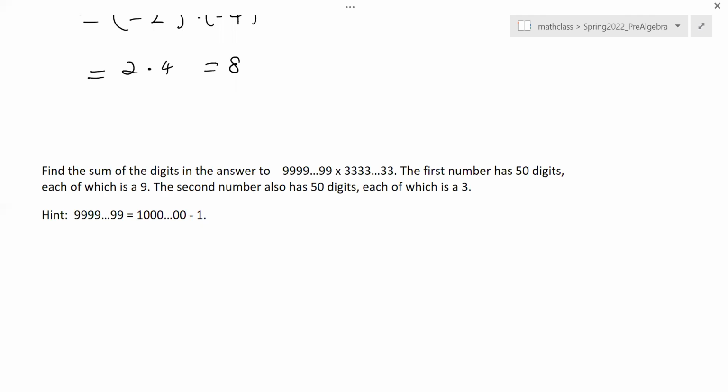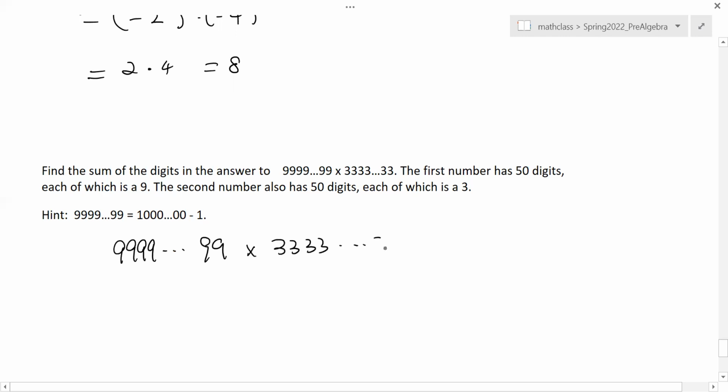So we multiply this out: 9, 9, 9, 9 times 3, 3, 3, 3. I have 50 digits here.